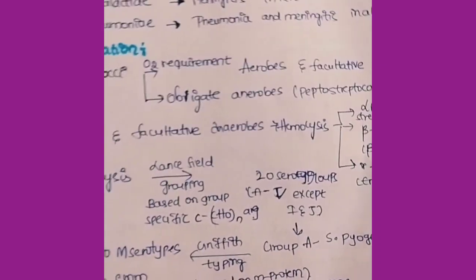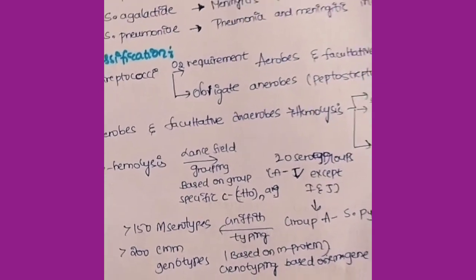As we saw, alpha hemolysis is partial, beta is complete, and gamma is no hemolysis.